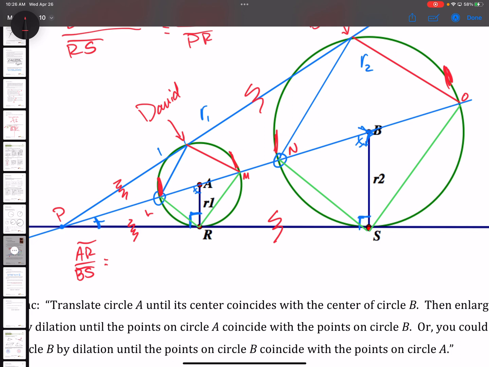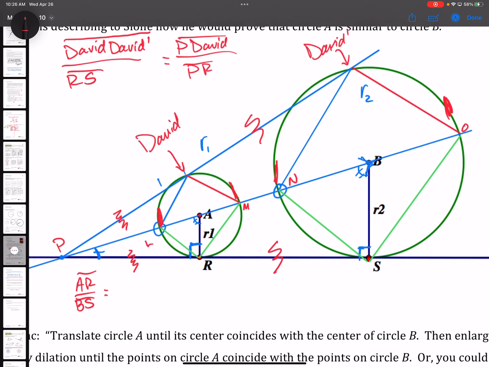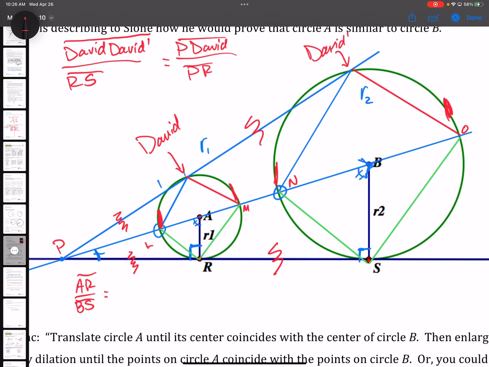Did we go large circle to small, or small to big? We went small to big, so now we need to go small to big. Can you zoom out a little? Just a tad. Thank you. So AR to BS, now we need a different one that is the same proportion.